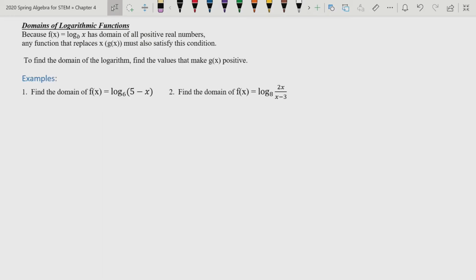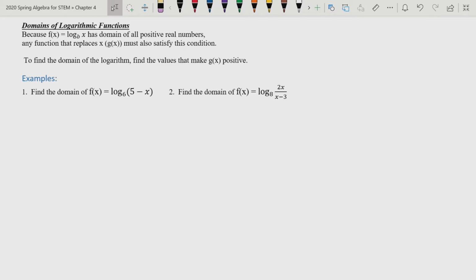Domains of logarithmic functions. Since the base b is always positive, and whenever you take a positive number to any power, you get a positive number, the domain of logarithms is all positive real numbers.